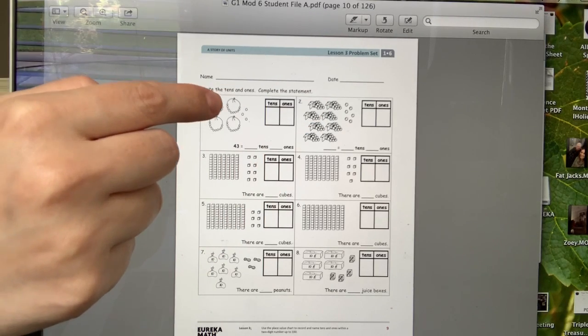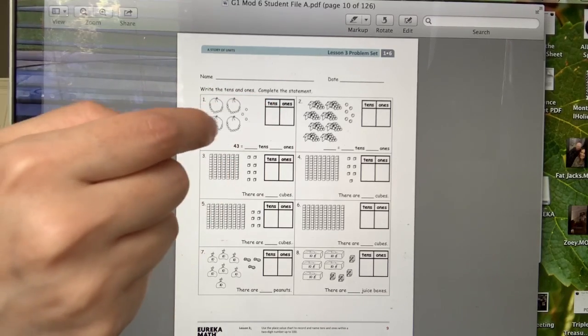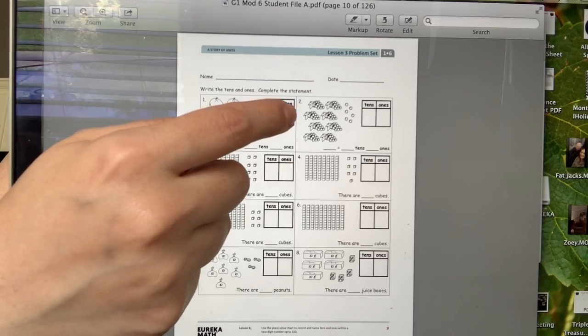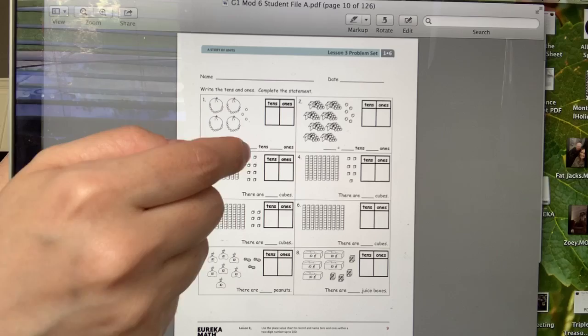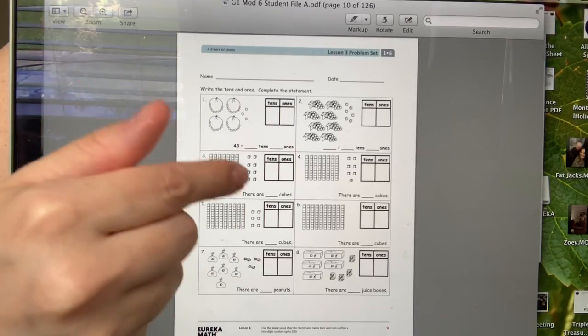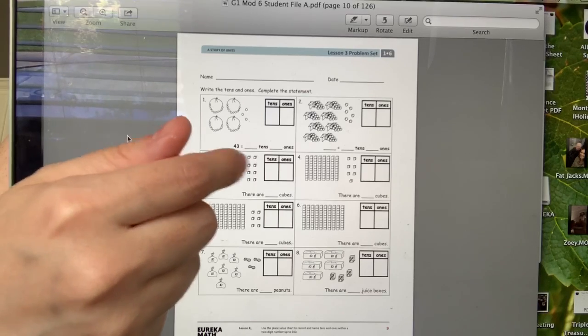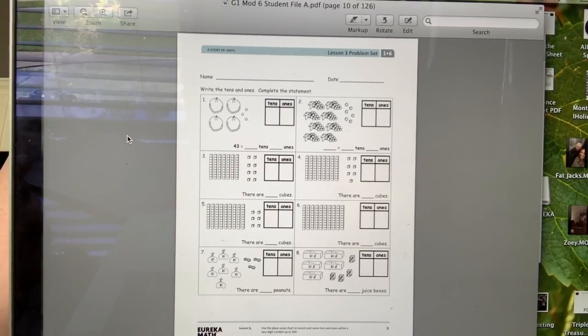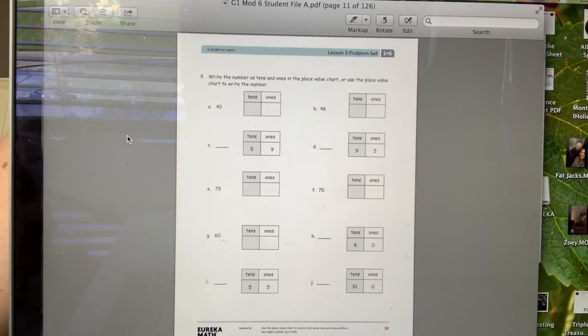So you just count 1, 2, 3, 4. There are 4 tens. 1, 2, 3, and 3 ones. So 43 equals 4 tens and 3 ones. But down here, you're just writing the total number. You're just going to count them up, fill in the place value chart, and write the total number of how many you see in each picture. It's that simple.